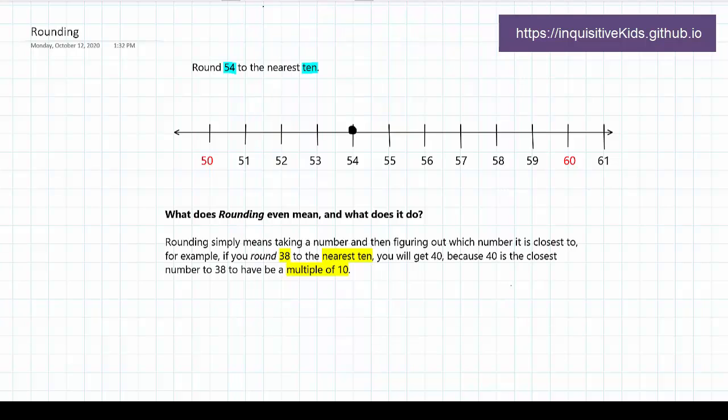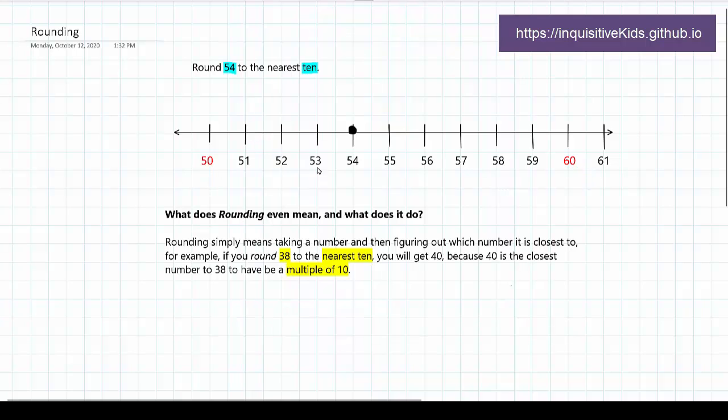Now we're ready to solve. For beginners, it's nice to have a number line around. After you draw a number line and label all of its numbers, you want to ask yourself, what landmark numbers is 54 in between? Well, if you count by tens, 10, 20, 30, 40, 50, that must be the first number, and then 60.